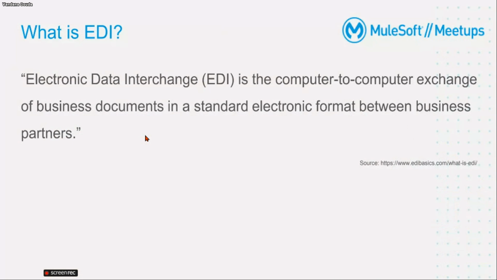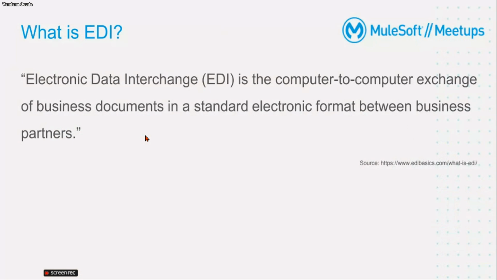For example, a buyer and seller, a supplier and retailer, or a healthcare insurance provider. All these come under B2B transactions. Before moving to EDI, we'll discuss the advantages of B2B. Every automation involves a lot of manual work.